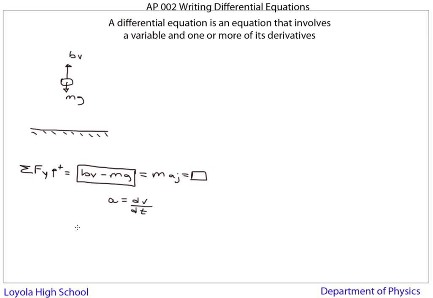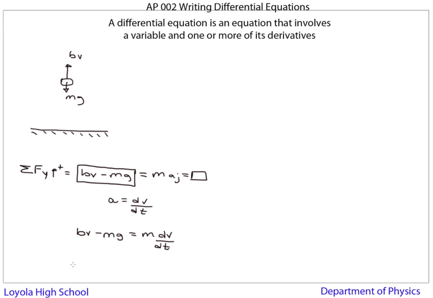So to get a differential equation, I can say bv minus mg equals m dv/dt. And so by taking the a out and replacing it with dv/dt, I have an equation with a variable v and its first derivative.